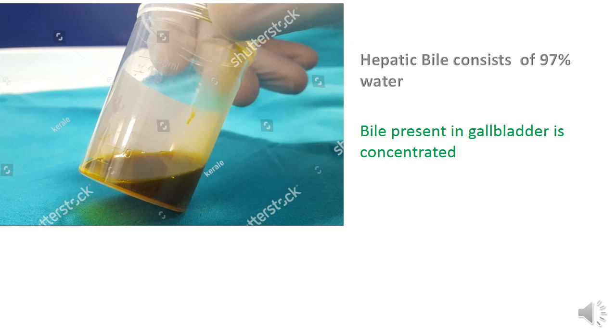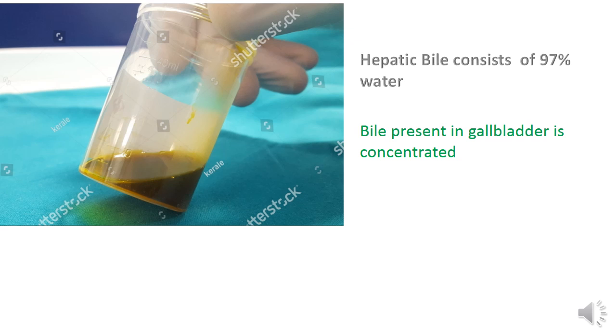Now let's consider bile as a solution. Like any other solution, it will have two components, solvent and solute. Now bile has water as its solvent. Yes, bile is composed of 97% water, but that's about the hepatic bile, that is the bile present in the liver.